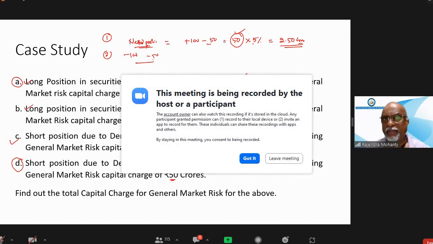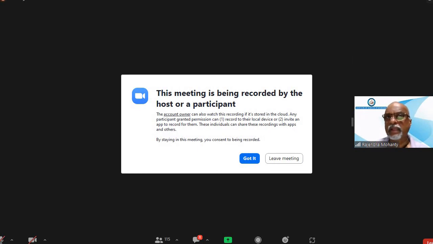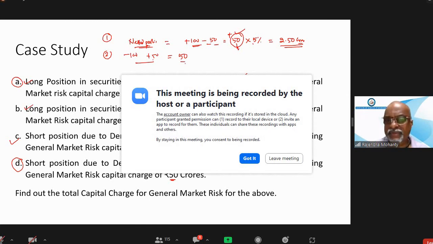For the 2-year time band we have already netted, which now has a long position of 50 crore, because long was 100 and short was 50. So we have a long position of 50. Now we have to net it. So how much is coming? Again, it comes to 50 crore, a short position of 50 crore.